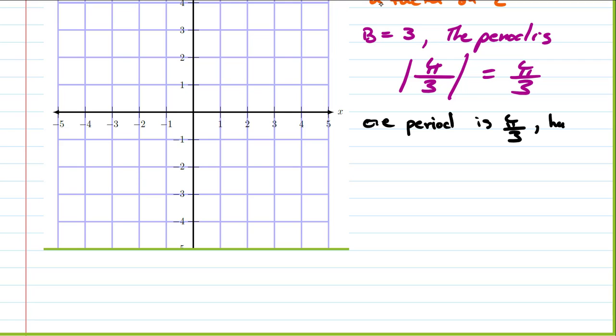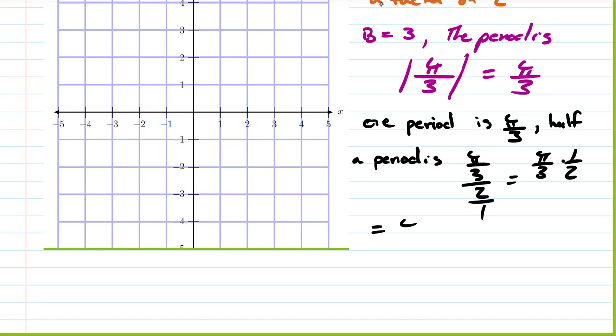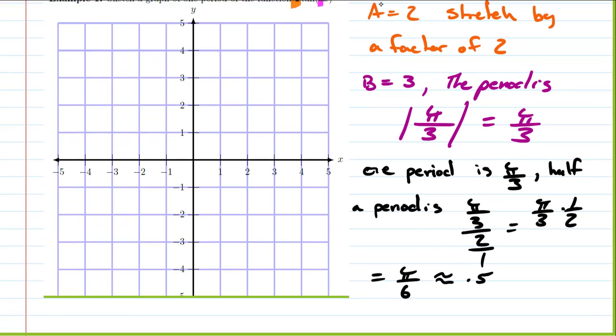Half a period is pi over 3 over 2, which we can make a fraction over 1, which is pi over 3 times 1/2, which is pi over 6. Pi over 6 is just a little bit bigger than a half. So our period is going to go from negative pi over 6 to positive pi over 6.